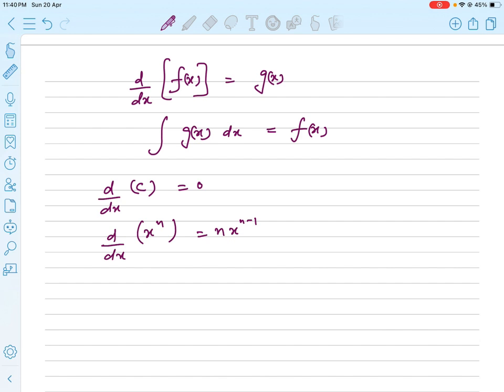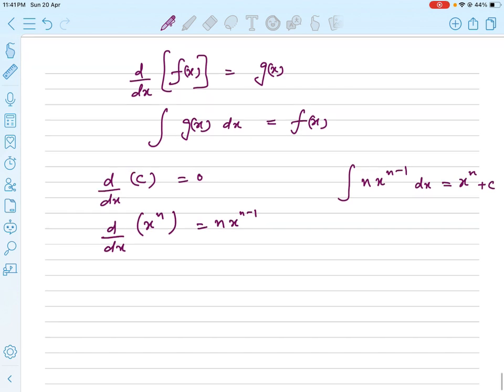Now if I integrate n times x to the power n minus 1 dx, I will get back the same function x to the power n, but there will be a constant added to it. I'll tell you in a while why I'm adding this constant, right?